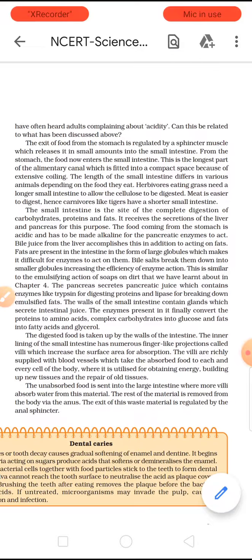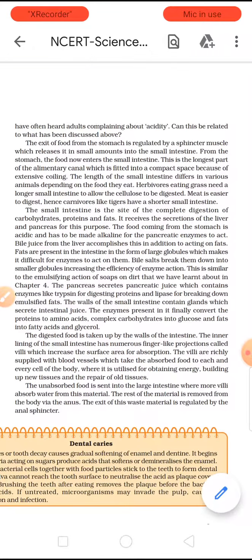In the large intestine also we have a villi structure, but there they will absorb maximum water. If excess water is there in the unabsorbed food, or you can say waste food, that water will be absorbed by the large intestine.